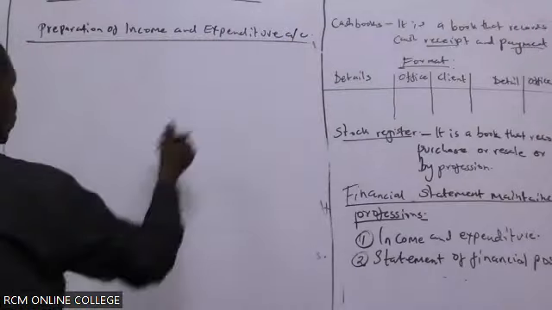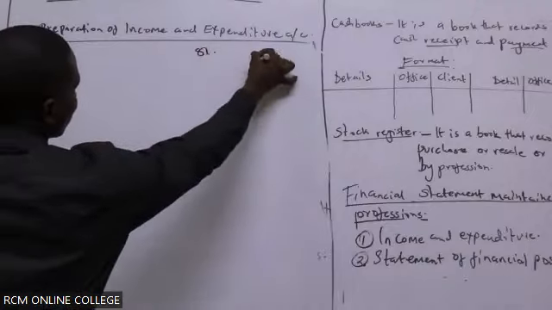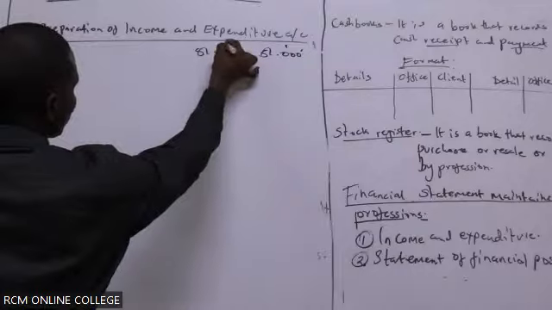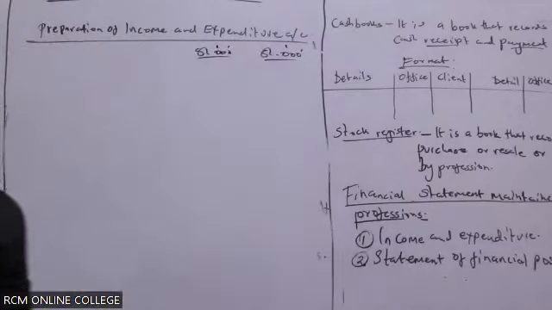We shall have two columns, shillings. I like putting it in thousands, no worries.